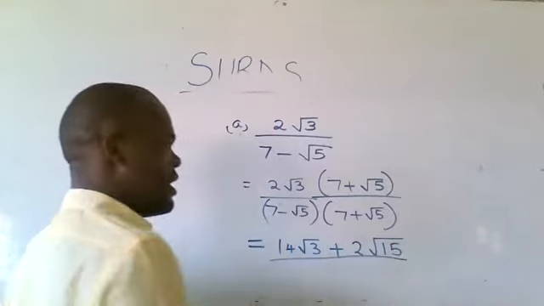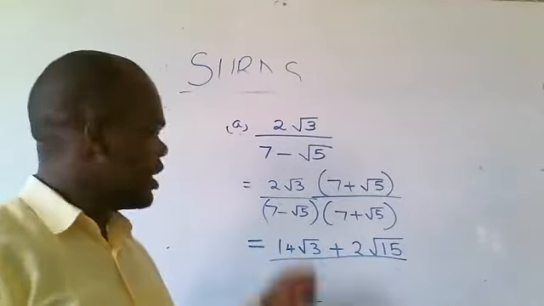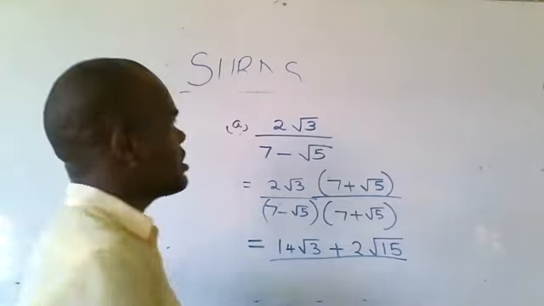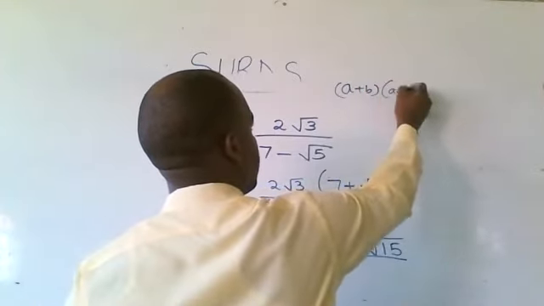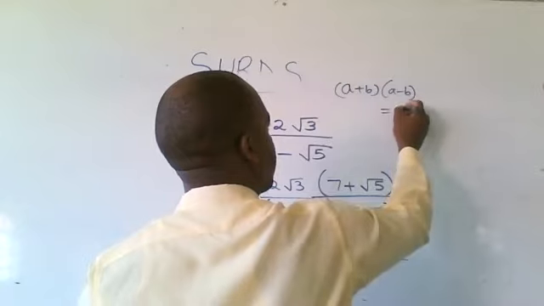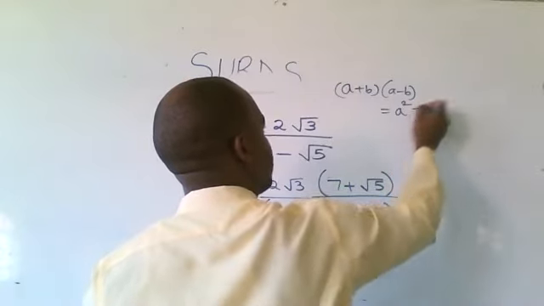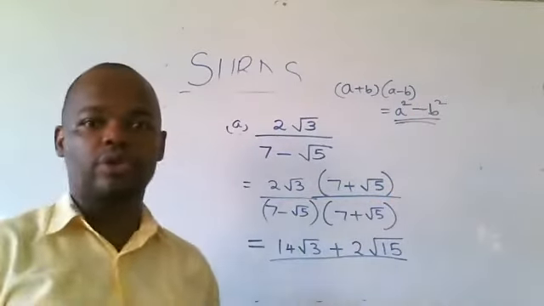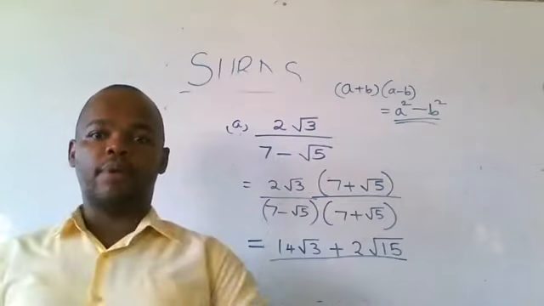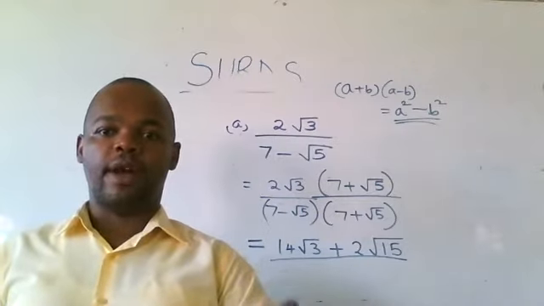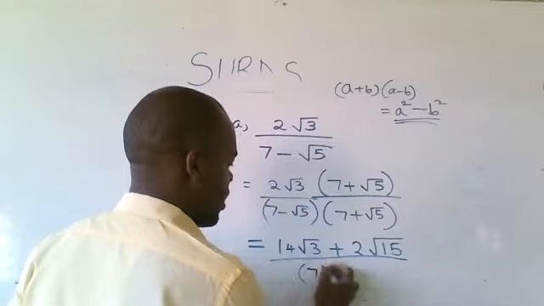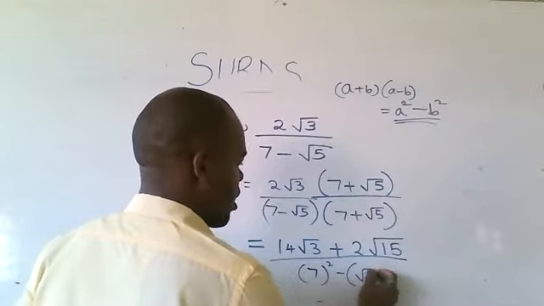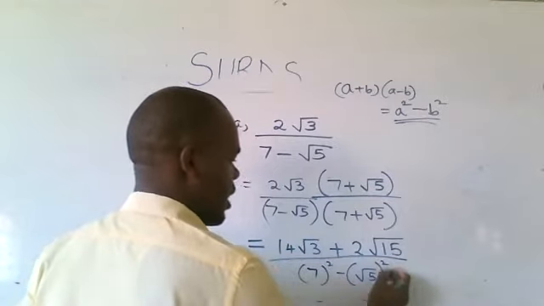In the denominator, you recall that a plus b into a minus b is a squared minus b squared. So that is what we are going to be having all the time in the denominator: a squared minus b squared. So this one will be 7 squared minus square root of 5 squared.